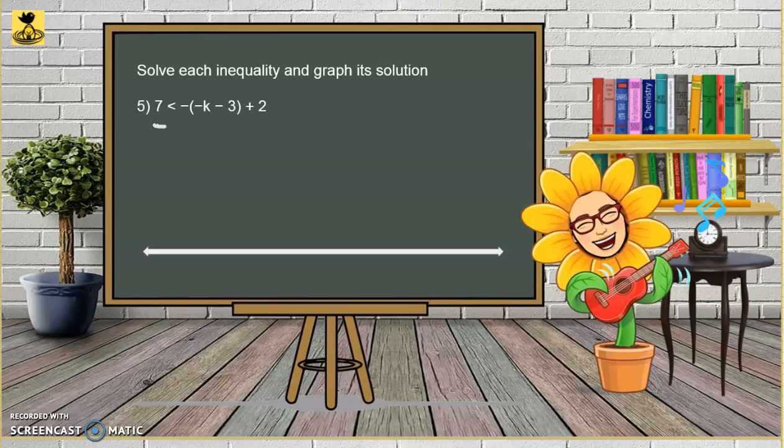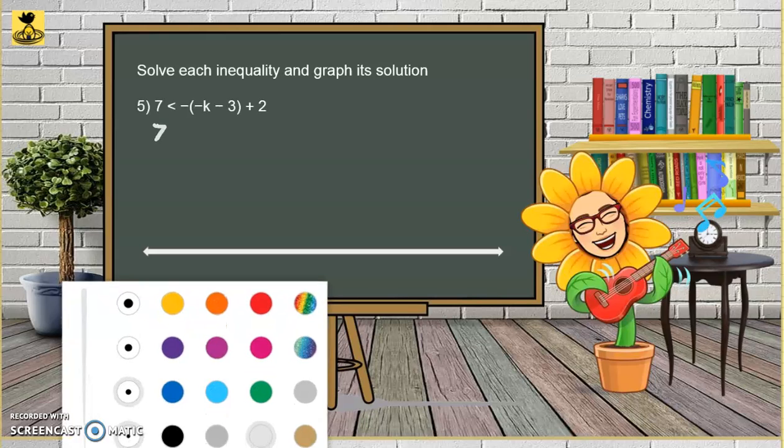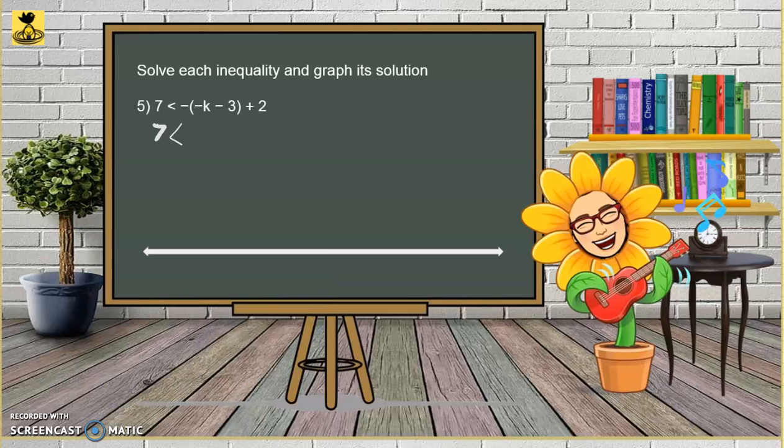So 7 is less than, here the negative will be distributed to each term inside the parenthesis. Negative times negative k is positive k already. Negative times negative 3 is positive 3. So k plus 3 and then plus 2.